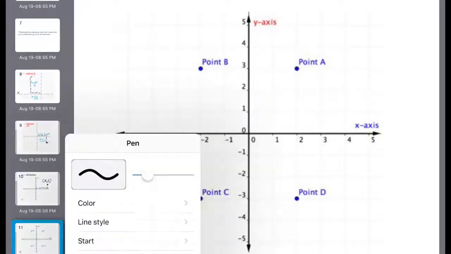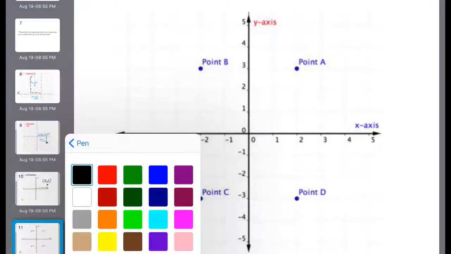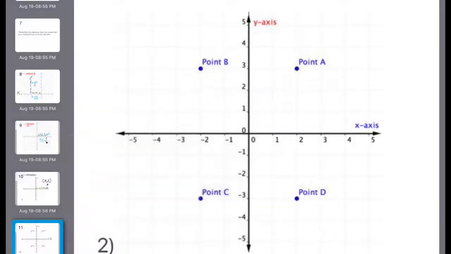I am going to plot a point on this coordinate plane. Let's make it red so it stands out. This point is on the y-axis. Can you please write on your desk what ordered pair do you think represents that red point?